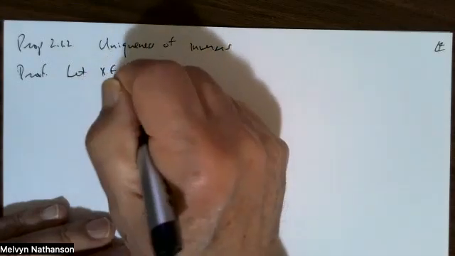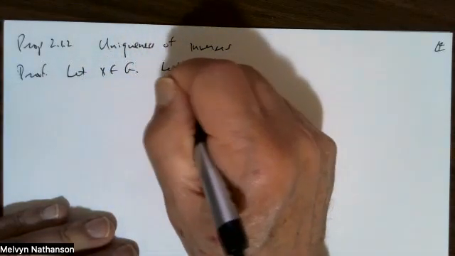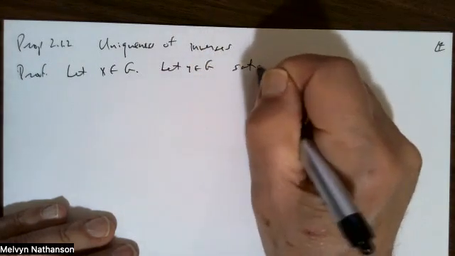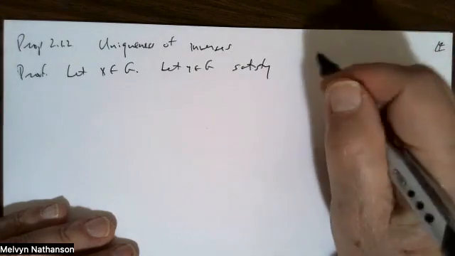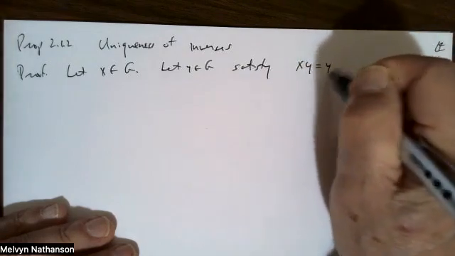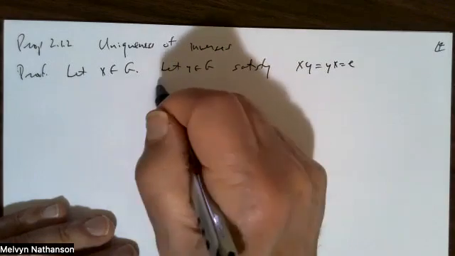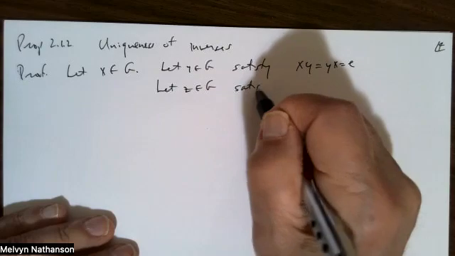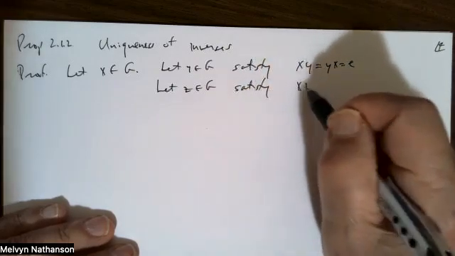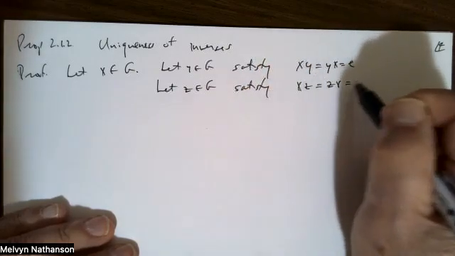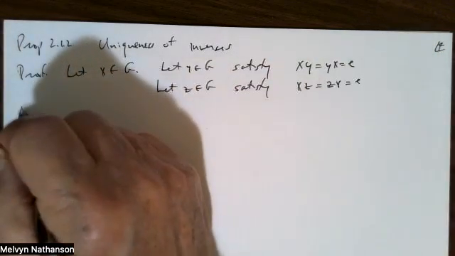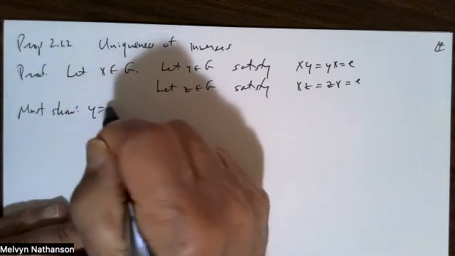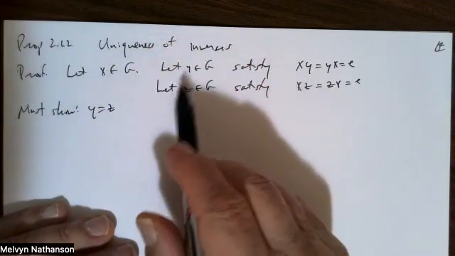So let X be in G, let Y in G satisfy the condition of an inverse, XY equals YX equals the identity. And let Z in G also satisfy the condition of an inverse, XZ and ZX equals E. And I must show Y equals Z. There's only one inverse.